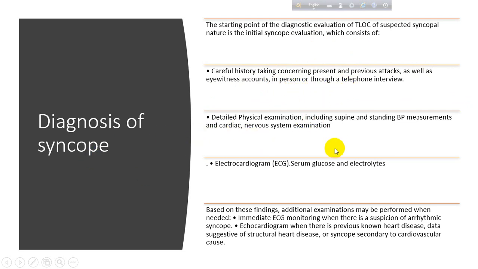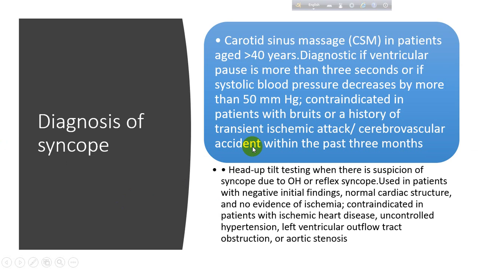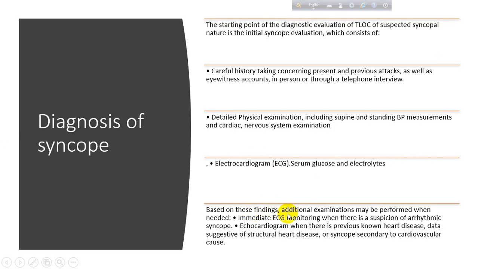Detailed physical examination includes supine and standing BP measurement, and cardiac and nervous system examination. ECG and serum glucose and electrolytes should be taken. Based on these findings, additional examination may be performed when needed.